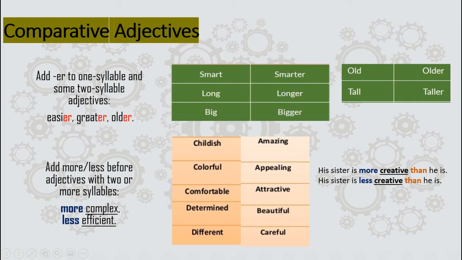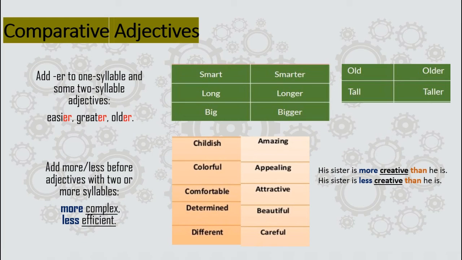So you can see, and we can make sentences with these adjectives. For example, my mother is smarter than my friend. The Amazonas River is longer than the other river.